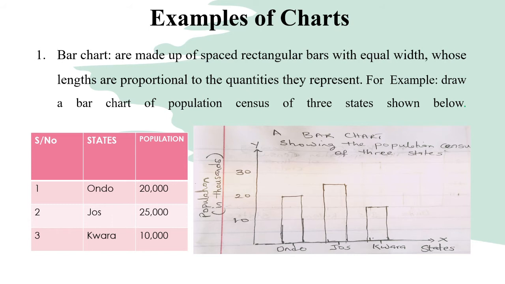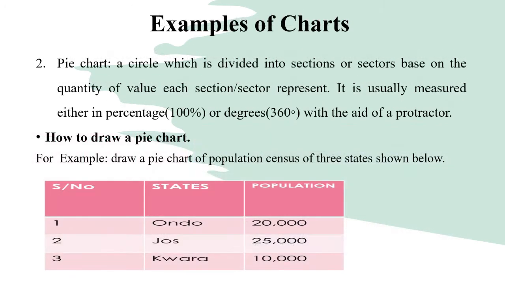Also, the width of the bars should be equal and the length should be proportional to the quantities they represent. We also have the pie chart, an example drawn from the information presented in the table.